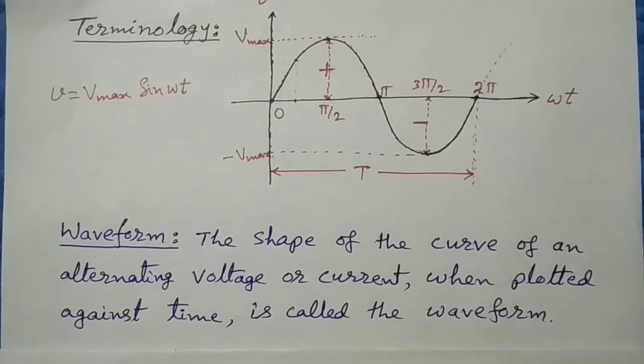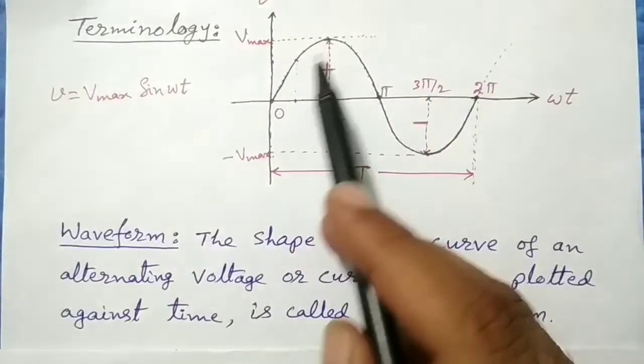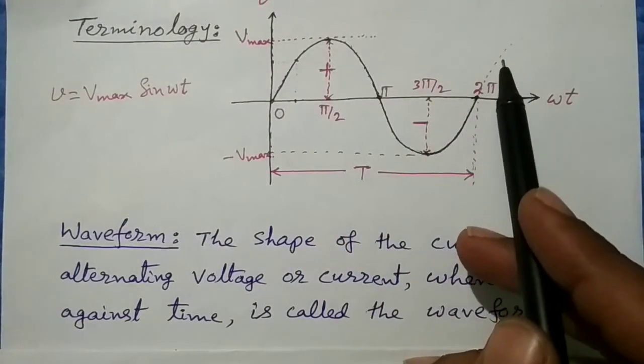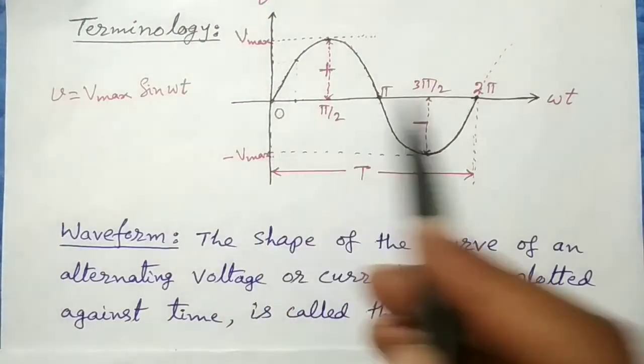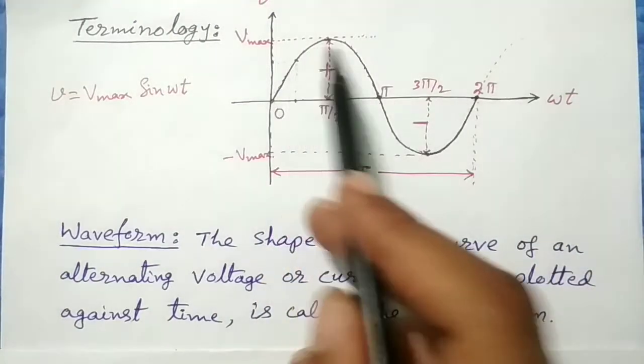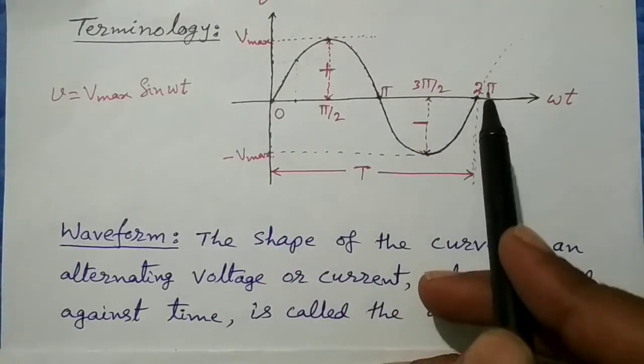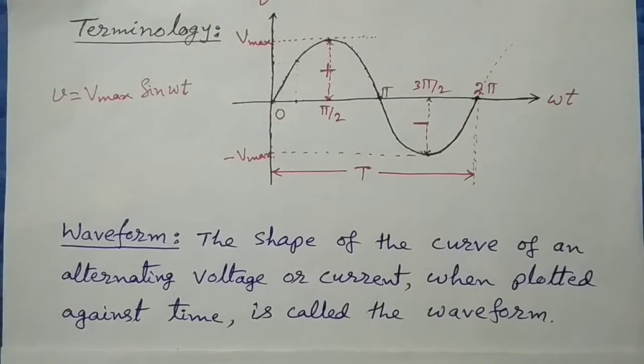Remember one thing, this process is continuous. But when we draw the waveform of any alternating parameter, we will always consider from 0 to 2 pi. That means one complete rotation of the coil within the constant magnetic field.